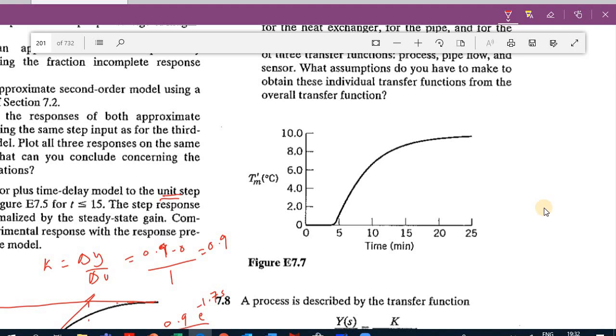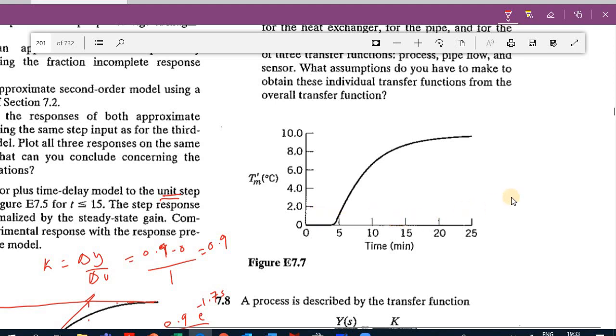So I can use the 63.2% method, I can use the slope intercept method, or I can use the Smith method, where I find T20 and then T60. All of these are just going through my mind.